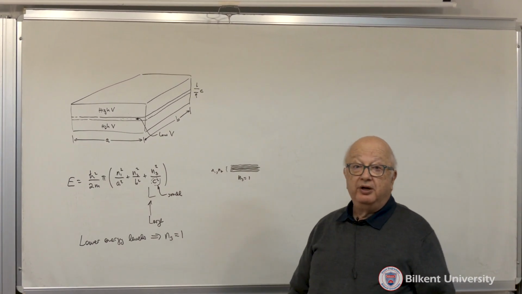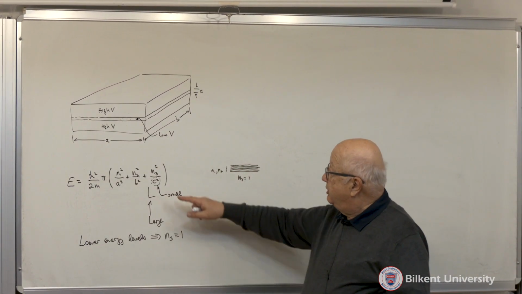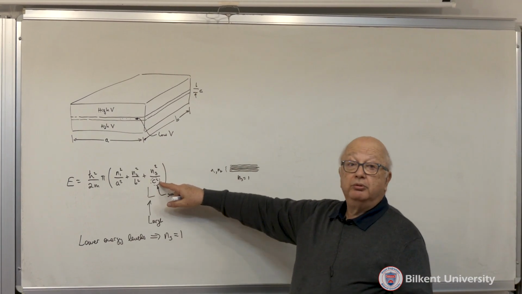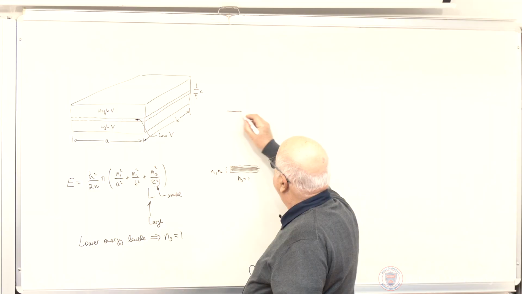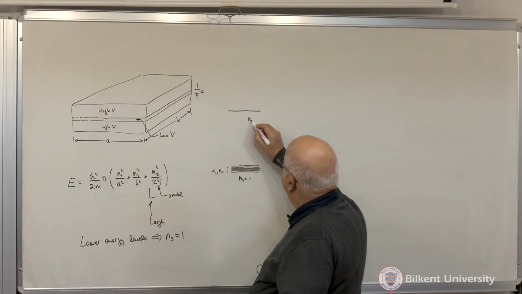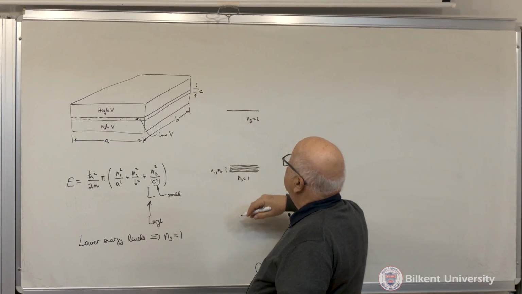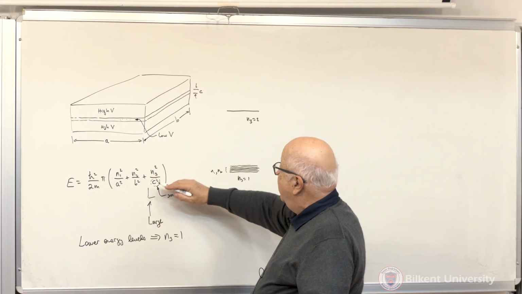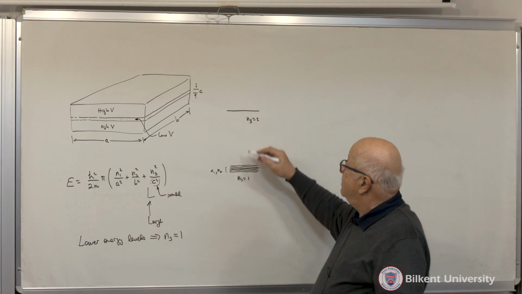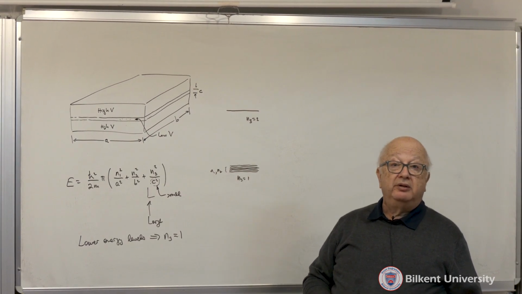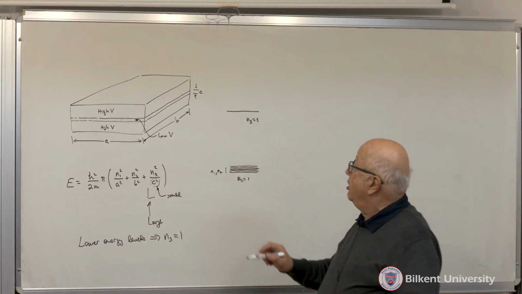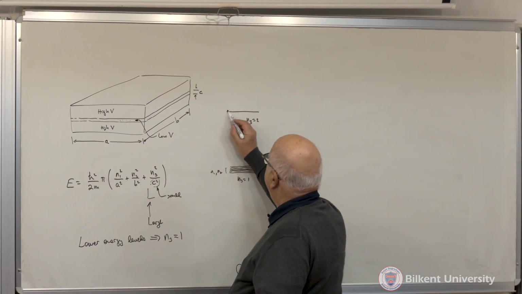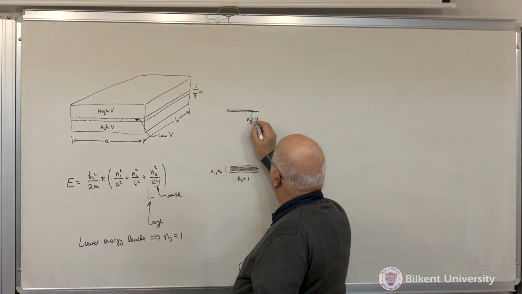but I dare not increase this N3 to 2, because as soon as I increase this N3 to 2, I'm going to get something over here. So N3 equal to 2 is going to be a much higher energy, a much bigger energy difference than changing N1 and N2. So I'm going to get, again, various cases.